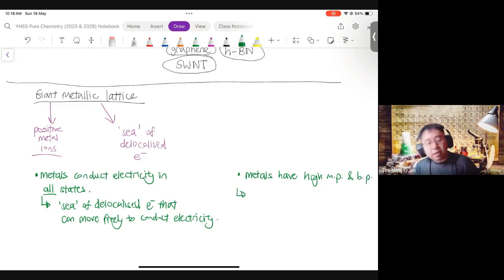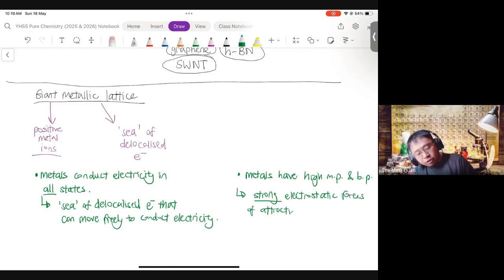Now, you need to know that metals have high melting points generally, and that's because there are strong electrostatic forces of attraction between the positive metal ions and the sea of delocalized electrons. And this is why the word between is very important to highlight in your answers.